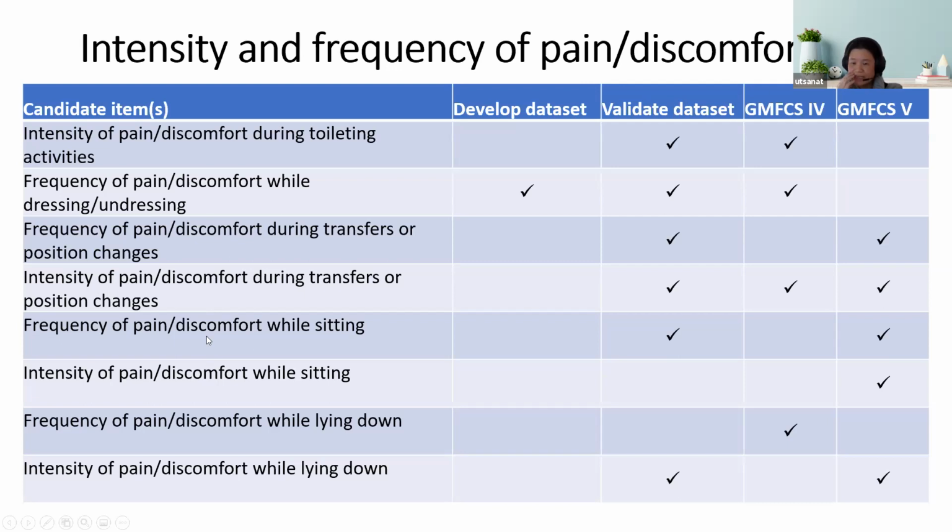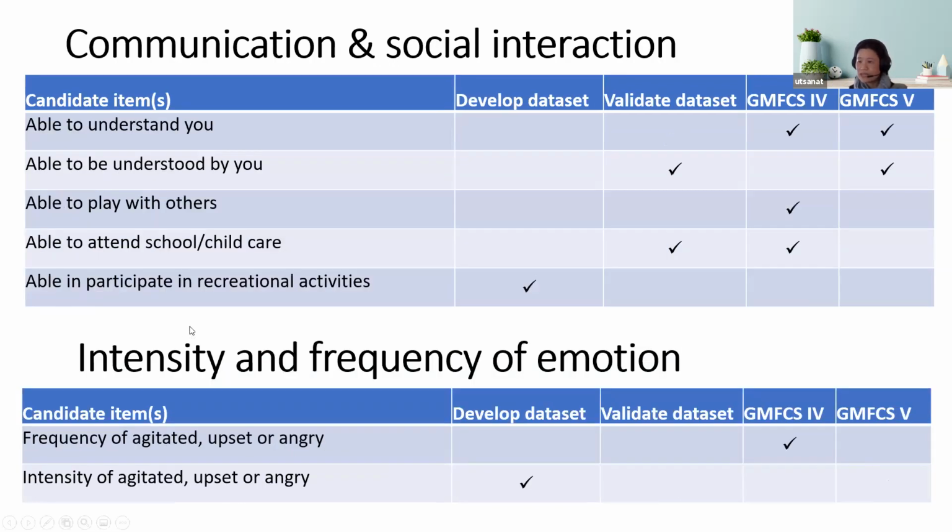Frequency of pain and discomfort while sitting correlates to the intensity of pain and discomfort while sitting, and the frequency of pain and discomfort while lying down also correlates with the intensity of the pain while lying down as well.